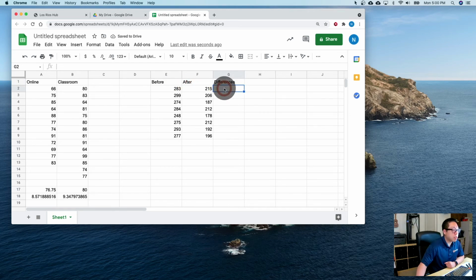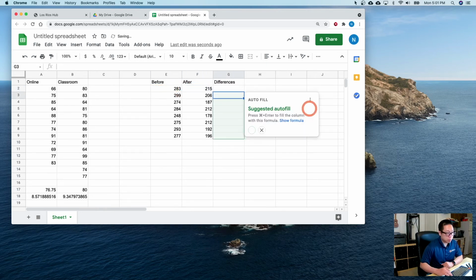Okay, so I want to set up this first box so that it subtracts. To get Google Sheets to calculate anything for you, you always have to start off with equals. So equals, and then I want to do before minus after. I'm not going to type anything in. I'm going to click on the 283, the before, minus, click on the 215, the after, and then hit enter.